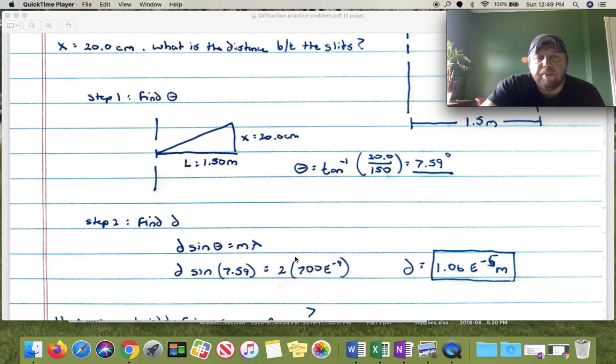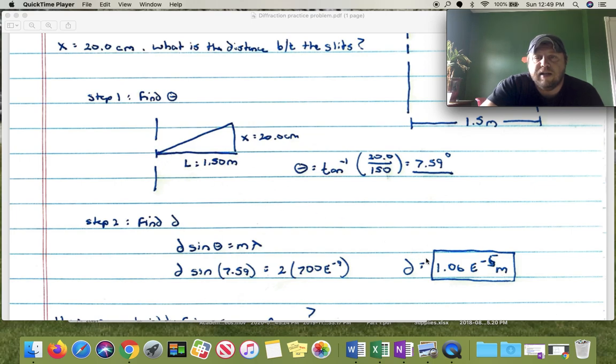So the path length difference from this slit to get to the screen is 2 times 700 nanometers. We will find that the distance between the slits is 1.06 times 10 to the negative 5th meters.